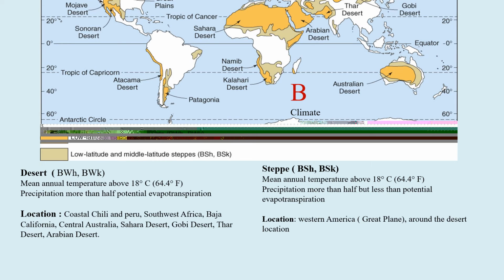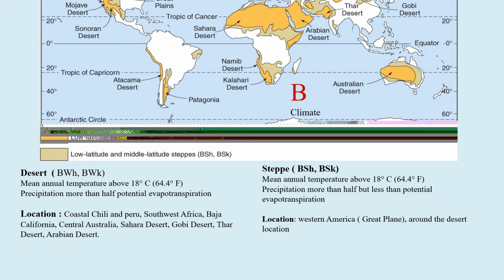So in terms of the temperature, if we see BW and its third letter, BWH and BWK, the mean annual temperature also has to be over 18 degrees centigrade. The precipitation is less than half of potential evapotranspiration.